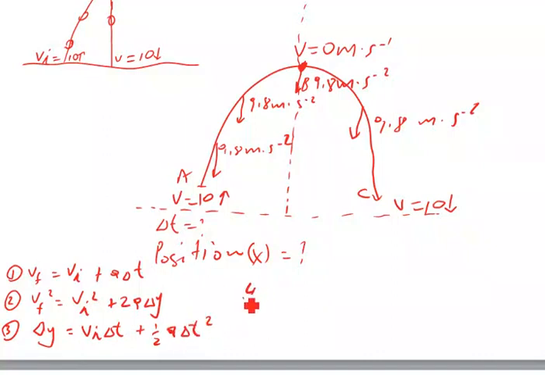The 4th equation is delta y equals the initial velocity plus the final velocity over 2, all multiplied by delta t. These are the equations of motion.